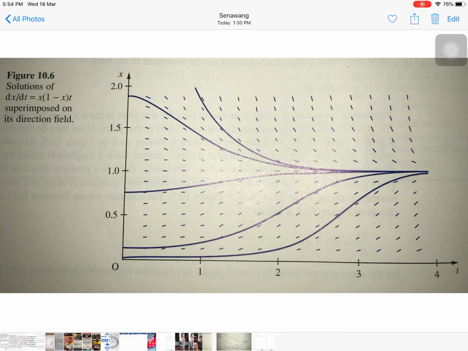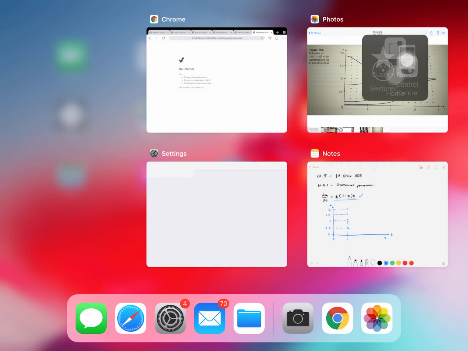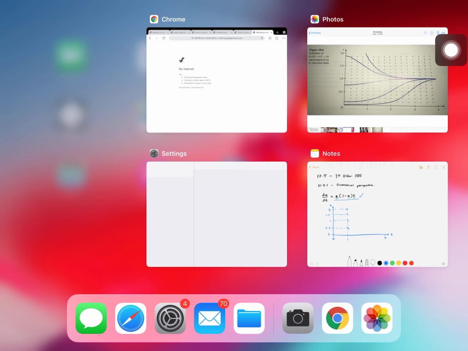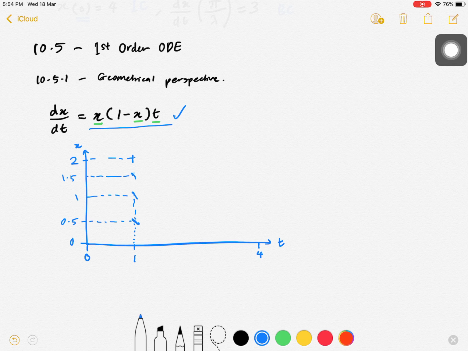All of these 5 answers are correct, because we don't know the boundary condition of this problem.